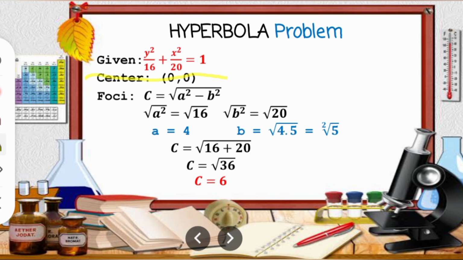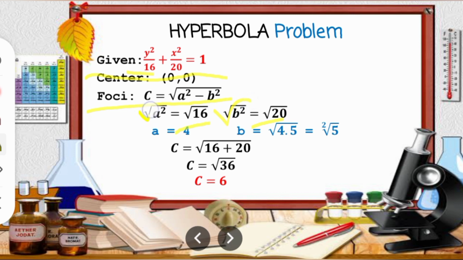To find our foci, we have this formula: c is equal to the square root of a squared minus b squared. The value of our a squared is 16, so we have the square root of 16. And the value of our b squared is 20, so we have the square root of 20. To remove the square root, we need to square it.